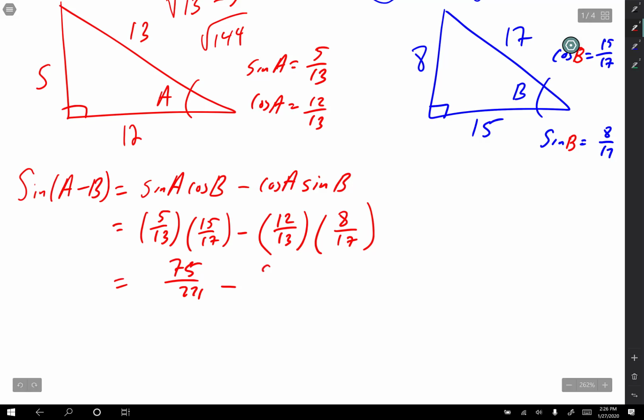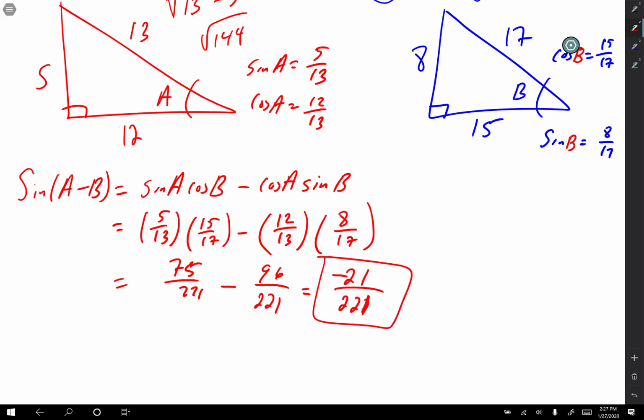So 96. 96/221. And then the difference between 75 and 96, that's 21. Negative because the 96 is bigger over 221. And there it is. That's the answer.